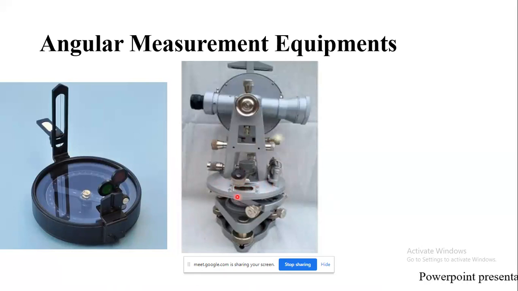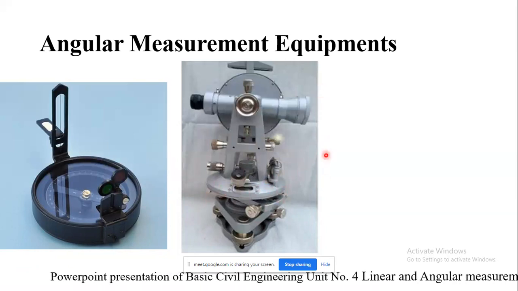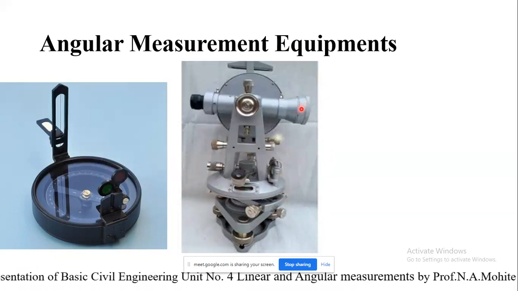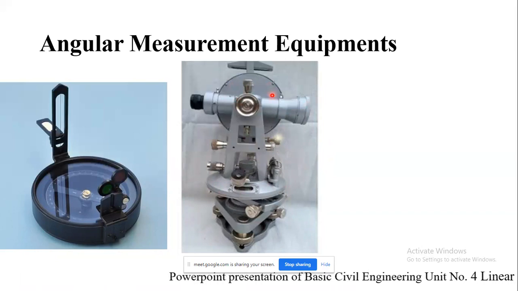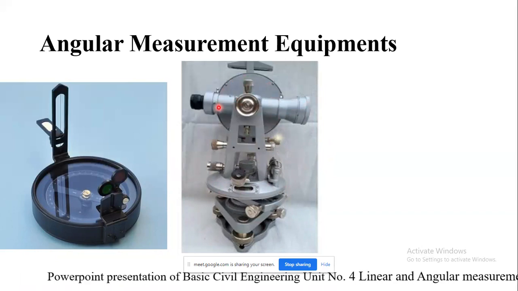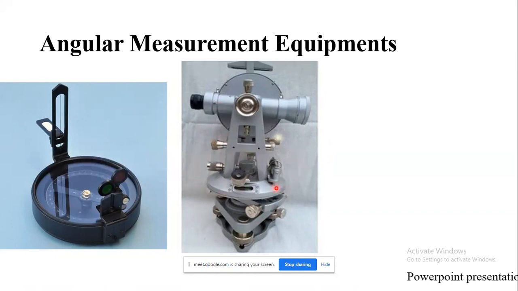In order to measure angles, it might be dealing with the horizontal plane or the vertical plane. The telescope bisects the said object, and whatever the changes in the position of the vernier are, you note them down. This is a theodolite.